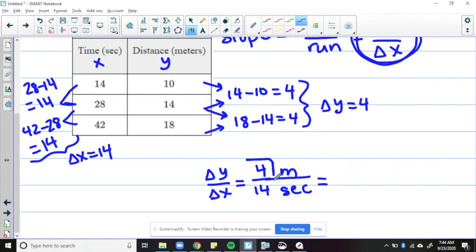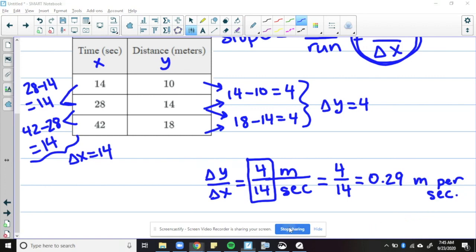So I'm going to take this fraction, and you can change it into a decimal just like we did before, or you can leave it as a fraction. 4 divided by 14 gets us a decimal of 0.285, which I'm going to round to 0.29 meters per second.